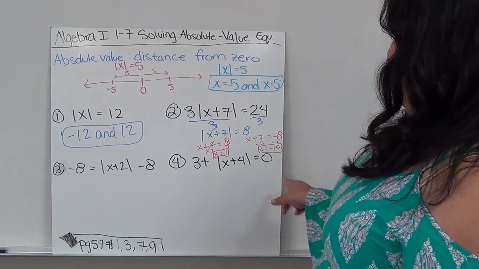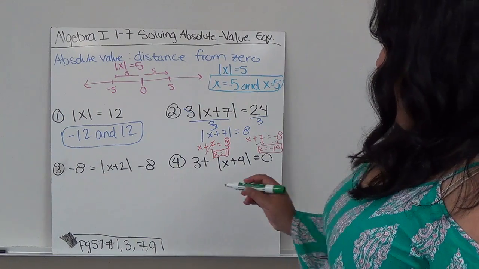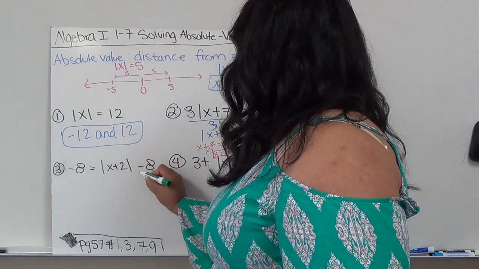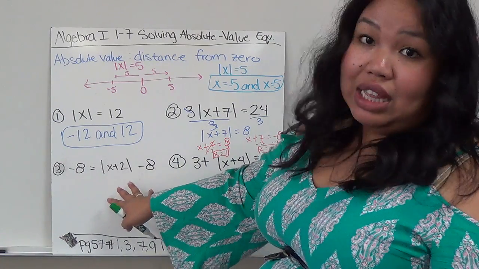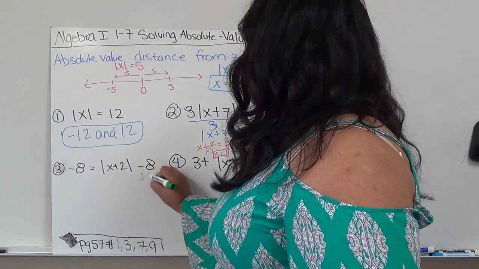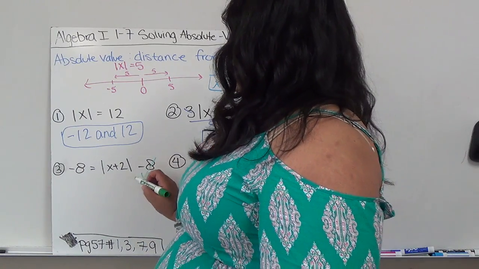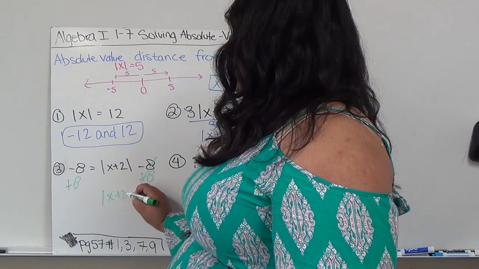So, moving on to here. In this case, we're going to add 8. Right? I'm trying to do it, but I have to isolate the absolute value. And what's on the same side of the absolute value is negative 8. So I'm going to add 8 in order to get rid of it. So add 8. I end up with the absolute value of x plus 2.